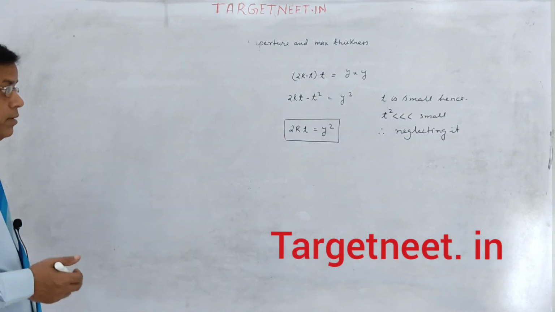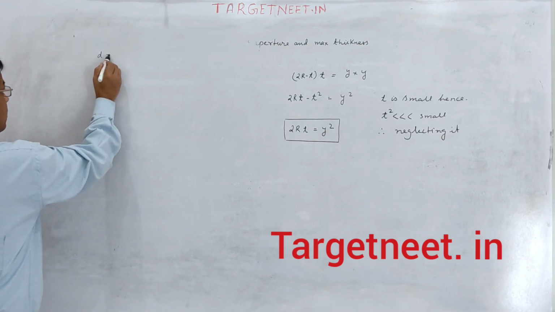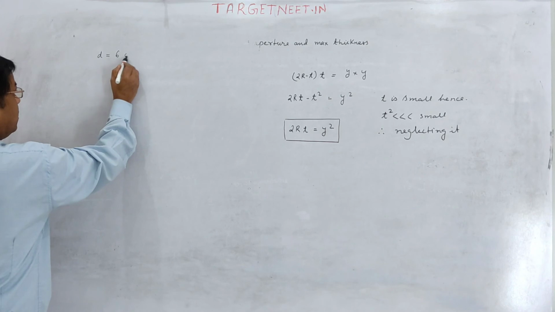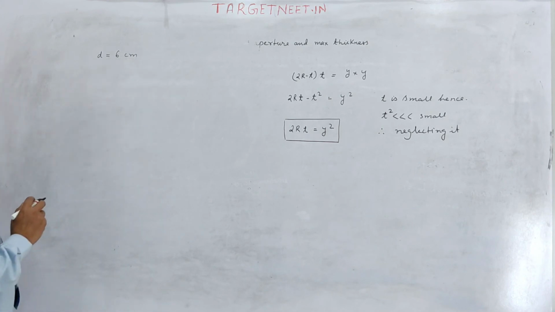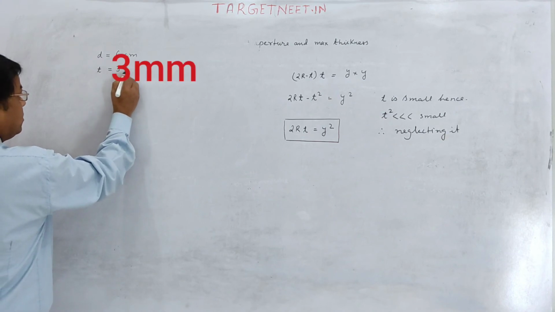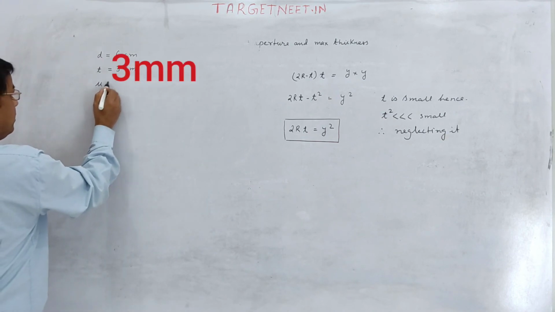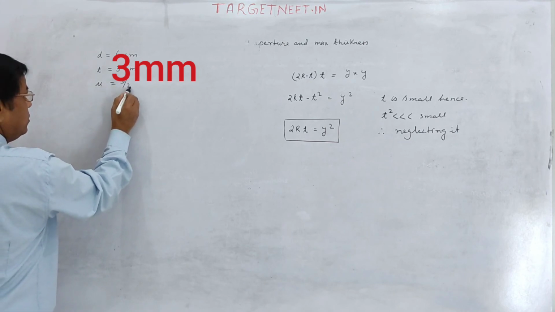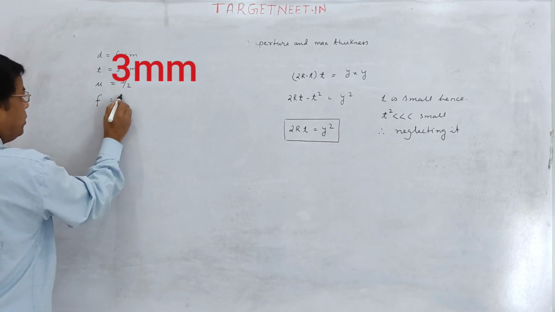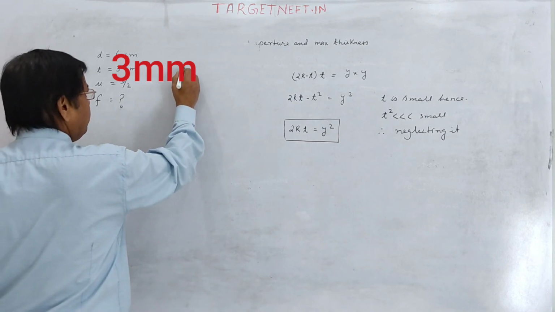Now, let us see one example on this. Suppose diameter of aperture is 6 centimeter, that is given, and maximum thickness of plano-convex lens is 3 millimeter, that is also given. Suppose refractive index is 3 by 2, then find focal length of plano-convex lens.